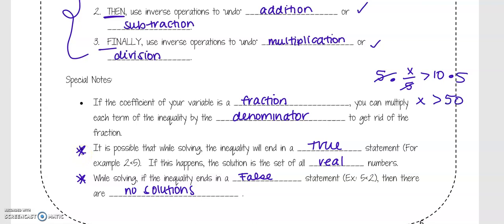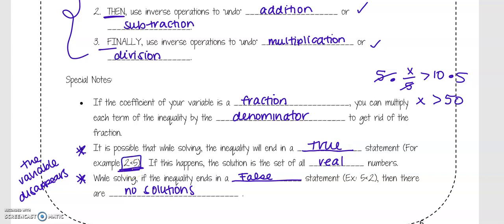Sometimes when we solve, the inequality will end in a true statement. Sometimes it's going to look like this. The variable disappears for some reason. And when the variable disappears, there's two things that can happen. The inequality is going to be left to be true, or the inequality is going to be left to be false. If it's true, for example, this is a true statement: 2 is less than 5.